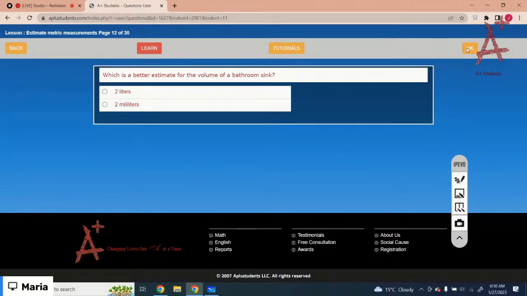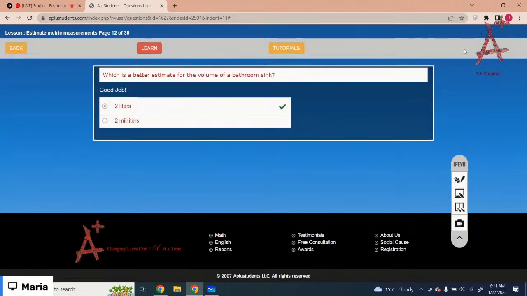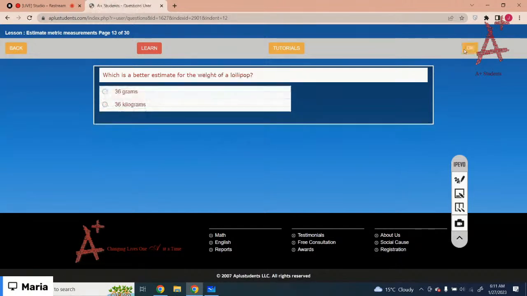Okay, which is the better estimate for the volume of a bathroom sink? Is it 2 liters or 2 milliliters? No, no, volume. It would be 2 liters because 2 milliliters is much smaller.